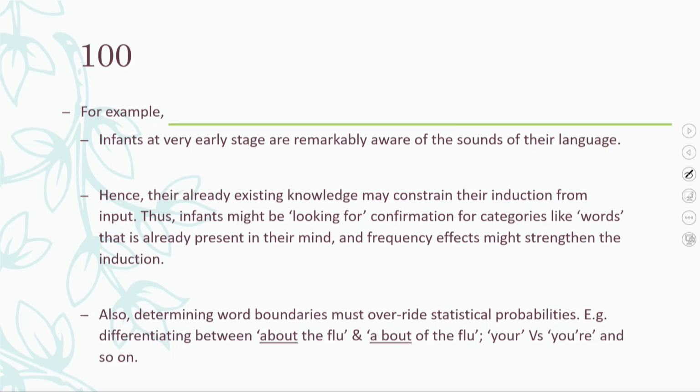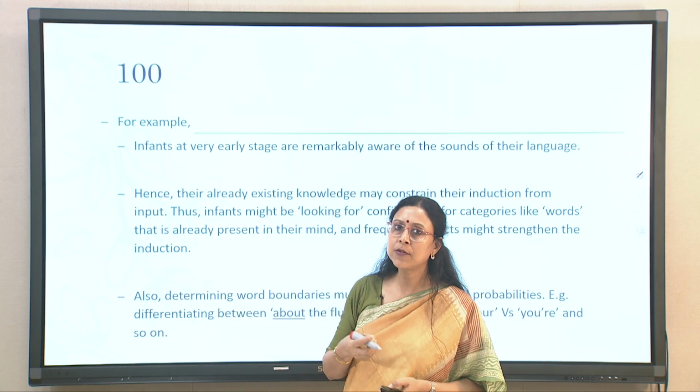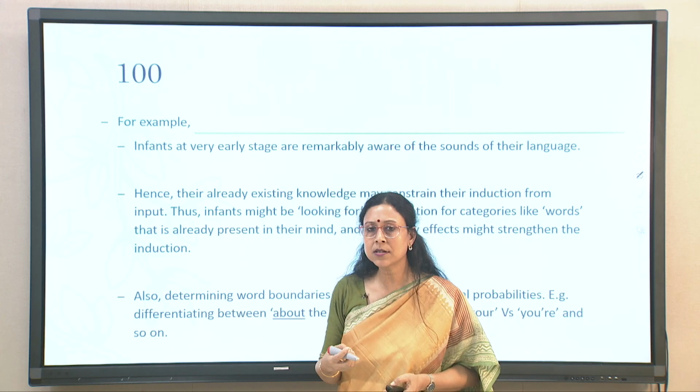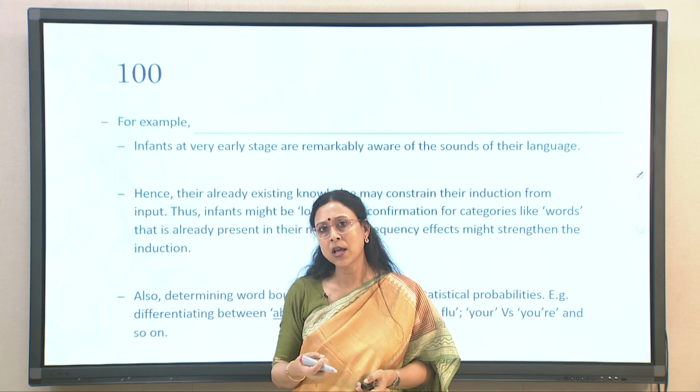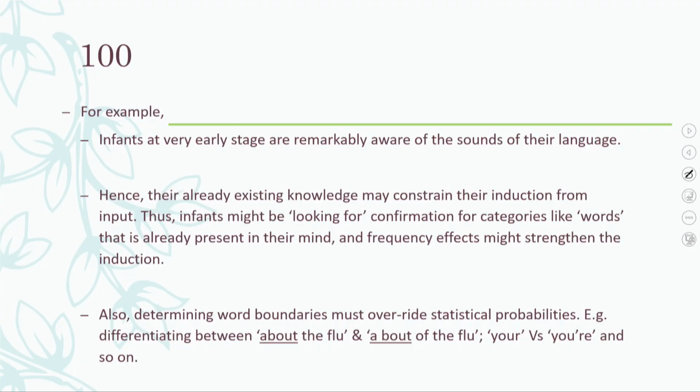We have already seen how early the children have been experimented upon to check their understanding of the sounds of their language, and a few days old children have shown remarkable abilities. So, if that is what they are almost born with, what is the role of statistical learning? If they already know, this will constrain their induction from the input.